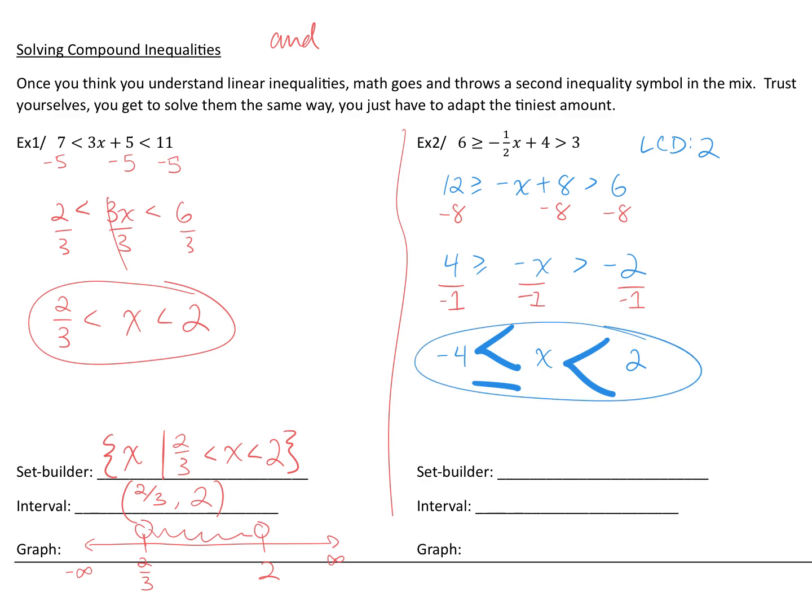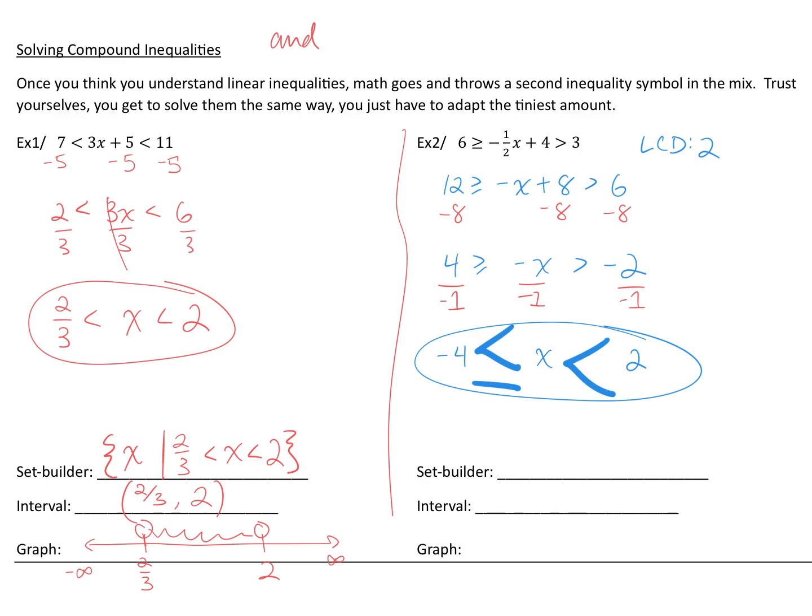We can rewrite this if you want to, but I don't think there's a reason to. And one thing I want to point out before I get into the rest of these answers is that when you have an AND inequality or a compound inequality, the inequality symbols should both be facing the same direction or read the same way. This is 7 is less than this expression, which is less than 11.